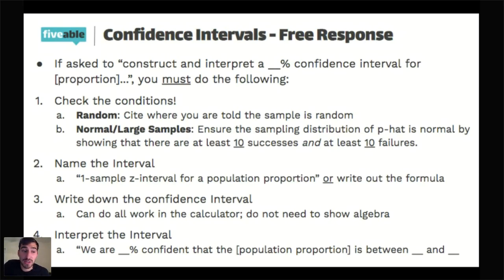Dara, the good news is no free response scenario, quite literally, that I've ever seen where you're actually asked to construct the interval or run the hypothesis test has actually failed conditions. The only scenarios that have failed conditions on a free response question that I've seen have been ones where you're explicitly asked which condition is not met, or explain why you can't run this test, or explain why this is a bad idea, or whatever else.